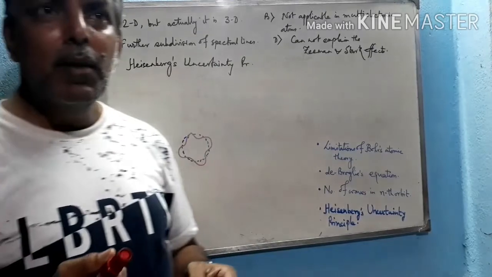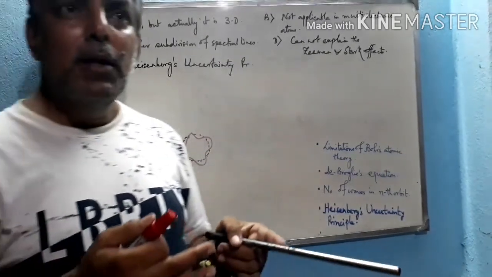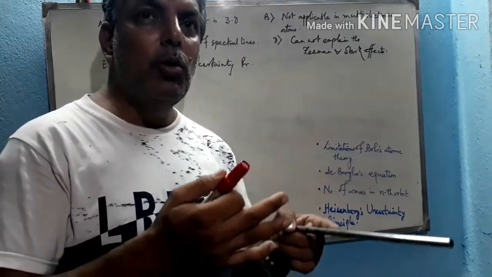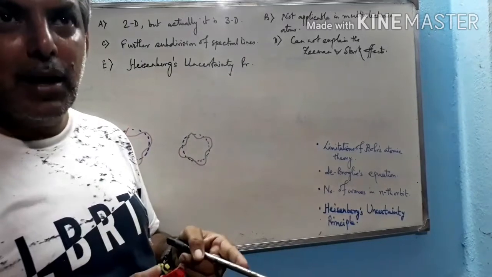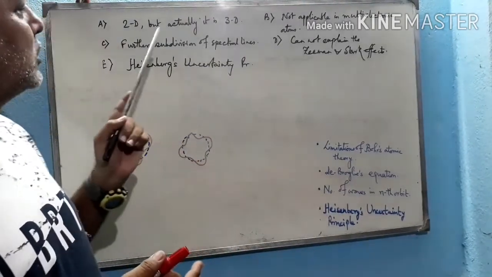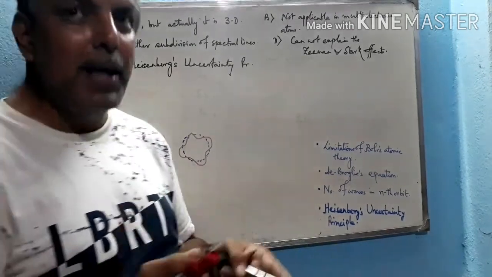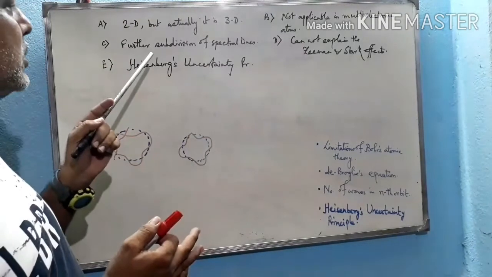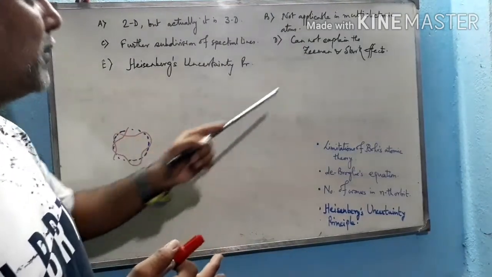But why? It cannot be explained by Bohr's theory due to the presence of the subcell. Bohr's theory only explains the cell but not the subcell. It is based on Sommerfeld's theory. So the subcell concept is completely unexplained by Bohr's theory, and it cannot explain the further subdivision of the spectral lines of the atomic spectrum.